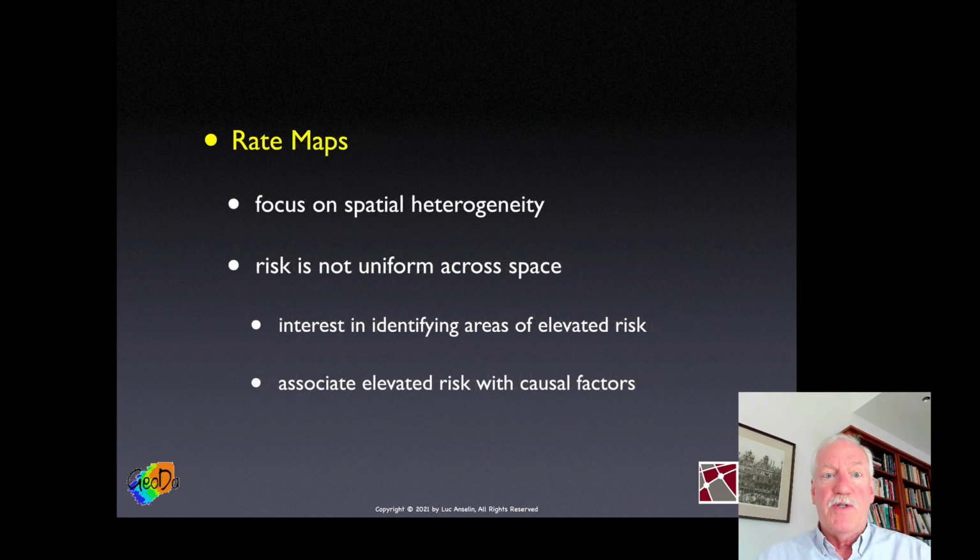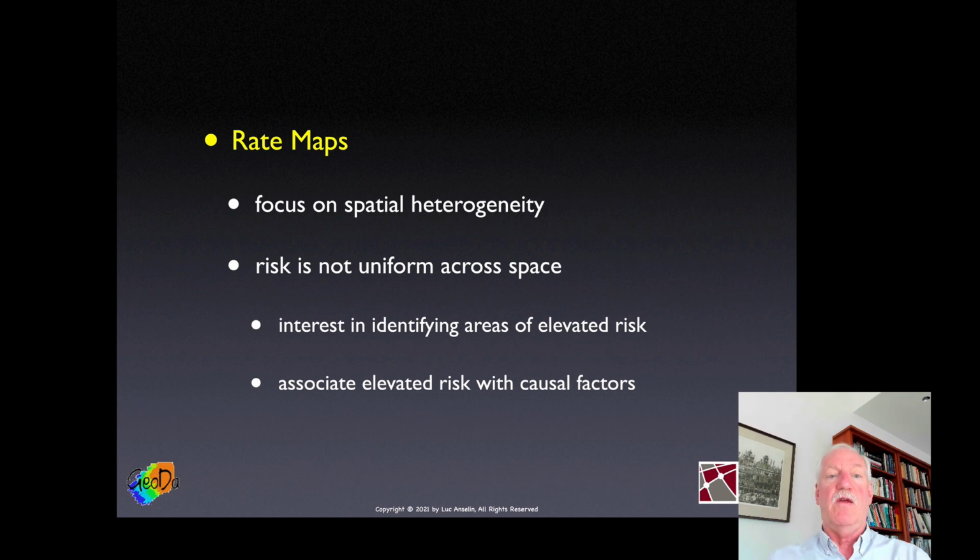So then our purpose is to assess the extent to which this risk is stable over space. And specifically, we want to assess the extent to which this is not the case, which we call spatial heterogeneity, when the risk is not uniform across the space.